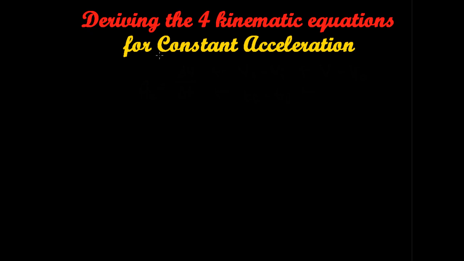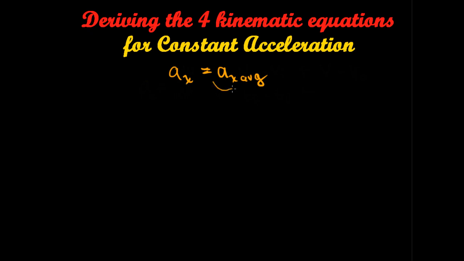In the constant acceleration video, it stated that the instantaneous acceleration is equal to the average acceleration, and that's because the acceleration is constant. So since this is true, we can use the average acceleration, which is the one without the limit sign.